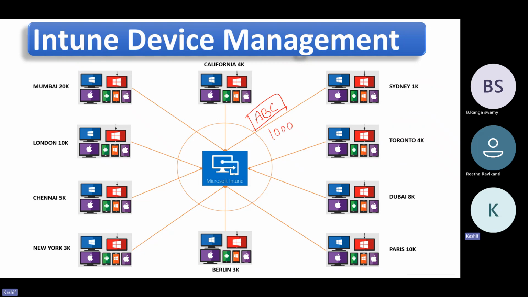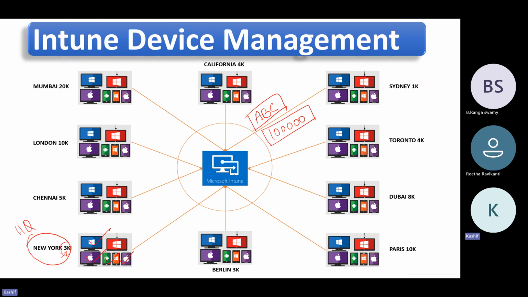100,000 devices. Let's assume it has 100,000 devices in many countries. Let's say New York is the headquarter. New York has 3000 devices and it is the headquarter. Some of them are Windows, some of them are iPhone, some of them are Apple MacBook, some of them are Android, some of them are Linux devices. So total 3000 devices in headquarter.